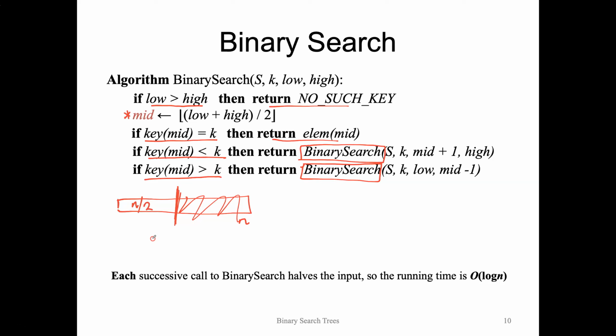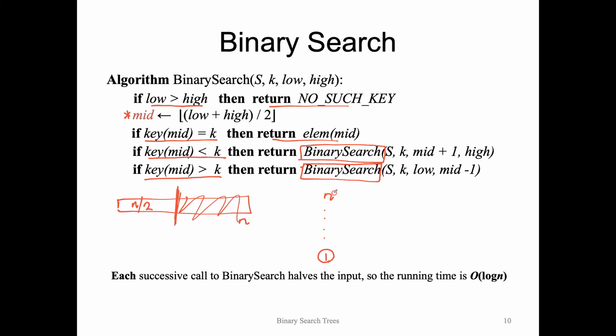So the question is, how many iterations, how many recursive calls do we have to make in order to go from a sequence of size n all the way down to a sequence of size 1? Once we have just one element left, we immediately know, based on whatever this element is, whether it is the one we're looking for. If not, we're done. We can return that the item doesn't exist. If it is, then we can return the item we're looking for.